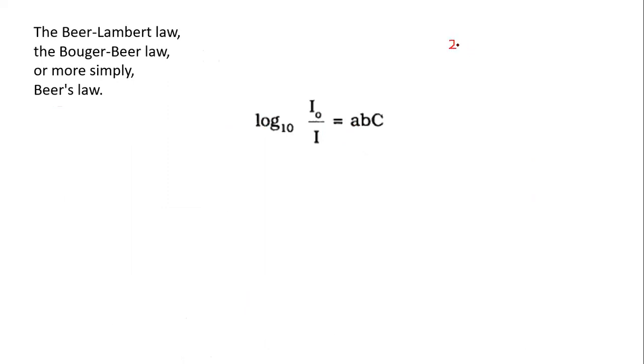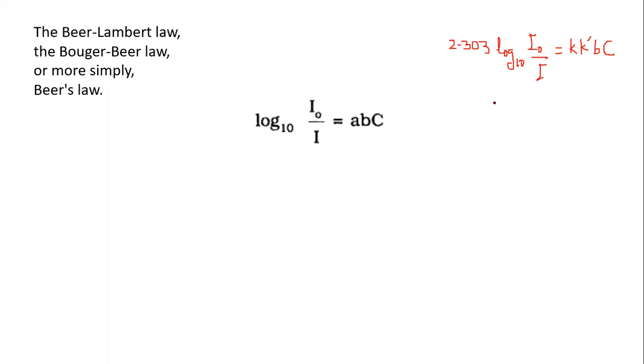Say it was 2.303 log to the base 10 I0 upon I is equal to, now I have combined the two things, so I can write it like K, which is one proportionality constant, K prime, which is another proportionality constant, b, which is small b, and capital C. Can I not write it like this when I combine the two things together?